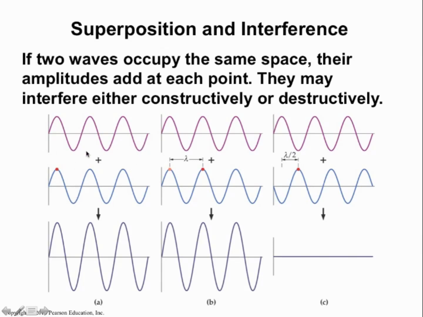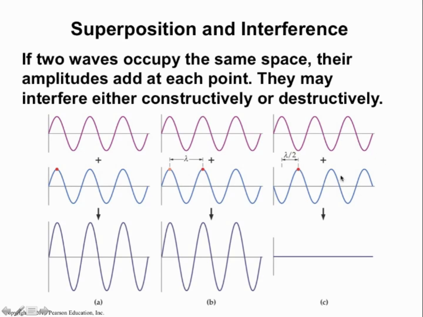And because of that, when we add the two waves together, the crests are extra high and the troughs are extra low because we're simply adding up those magnitudes. Now, what happens if the difference is only lambda, or one wavelength? Well, if it's one wavelength to the right or to the left, it doesn't matter, we're going to get the same constructive interference because crests line up with crests and troughs line up with troughs.